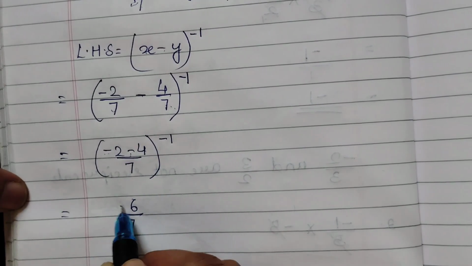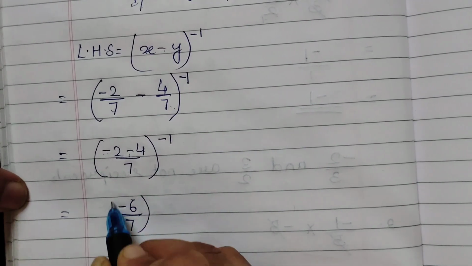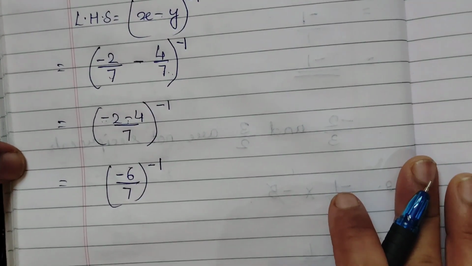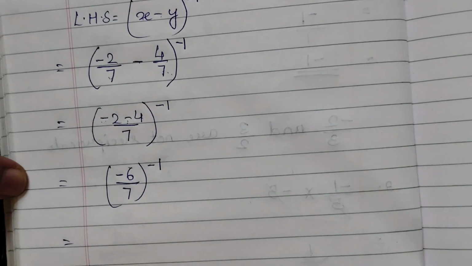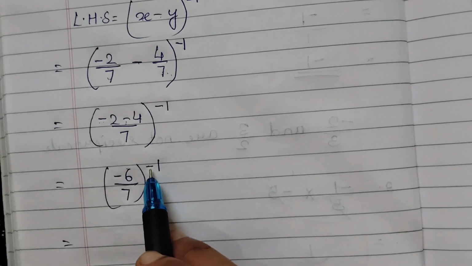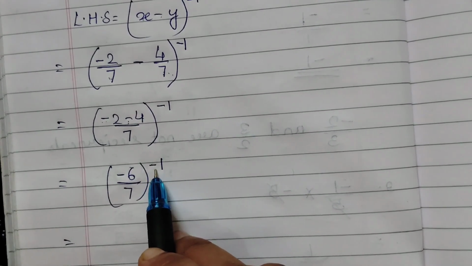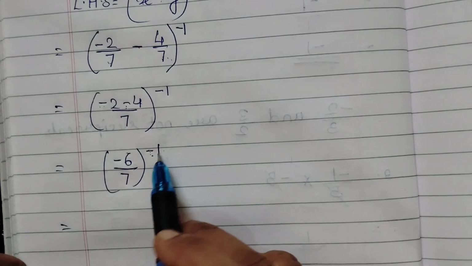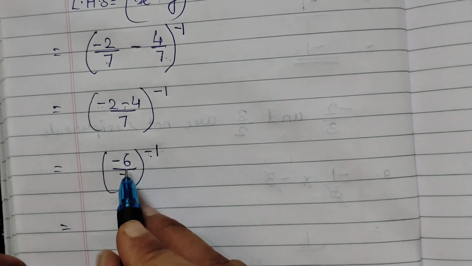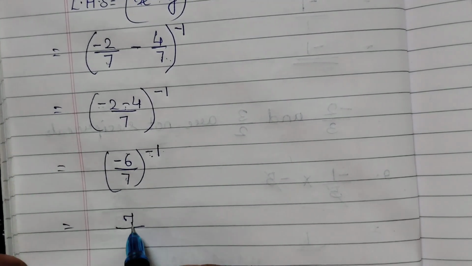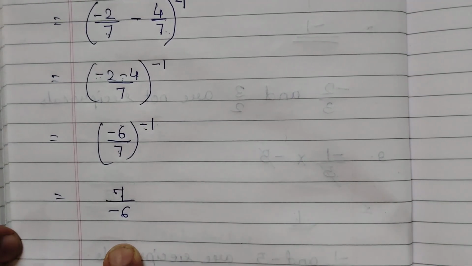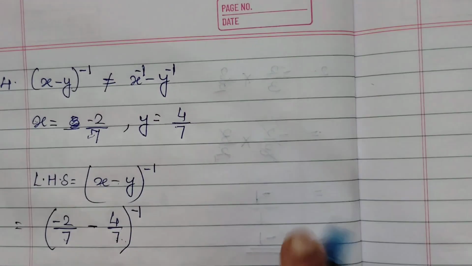Sign of 4 is minus, so I have minus 6 upon 7 raised to minus 1. Okay. Now we have to reciprocate this. Previously also I showed you that this is 1 upon x. So now we will reciprocate, we will remove this minus 1. So what will this become? 7 upon minus 6. So in the left hand side what I got? 7 upon minus 6. Now we will solve the right hand side.